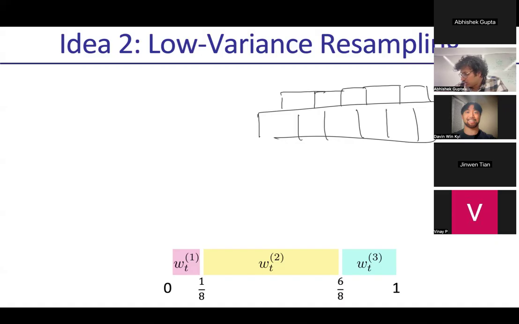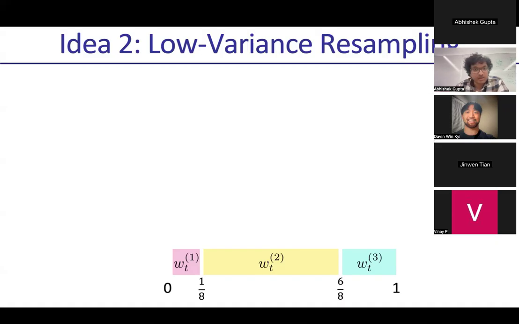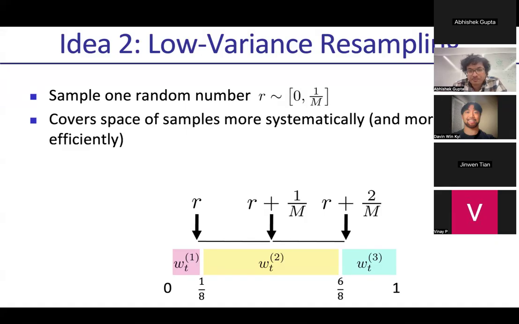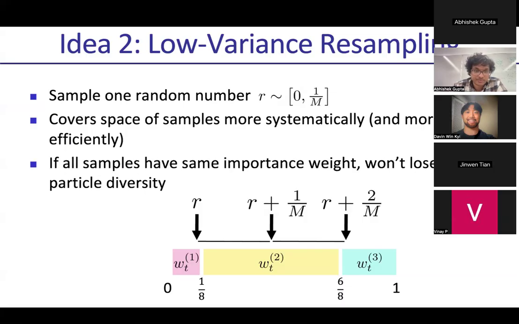And so, I think this is an algorithm called stochastic universal sampling, SUS. And it's common in genetic algorithms and genetic evolution methods to reduce variance. And so it's a low variance resampling method, right?